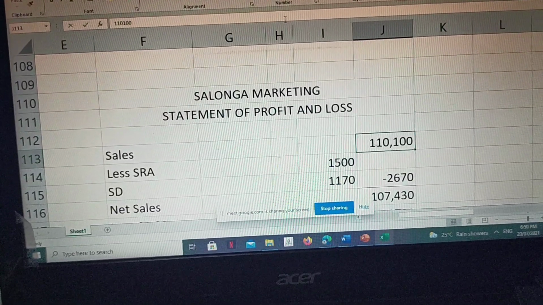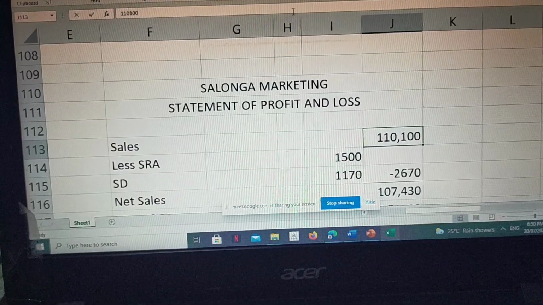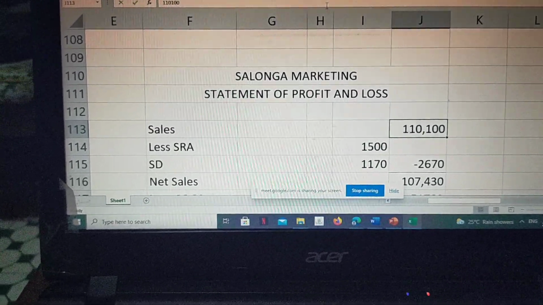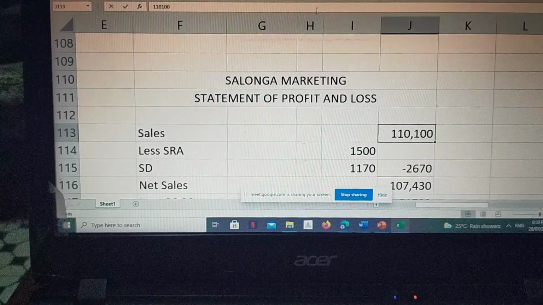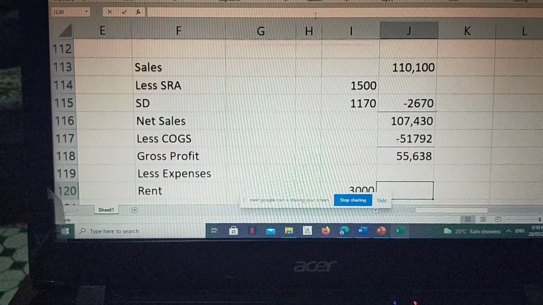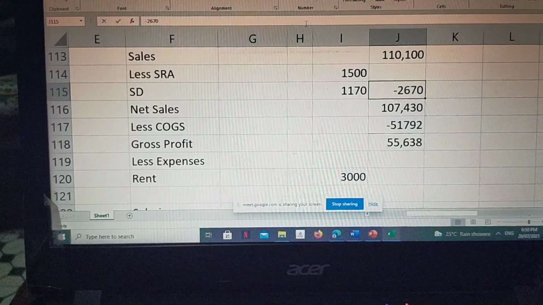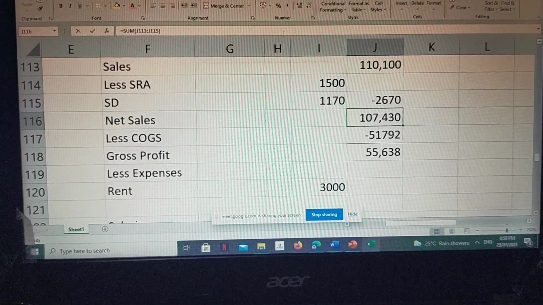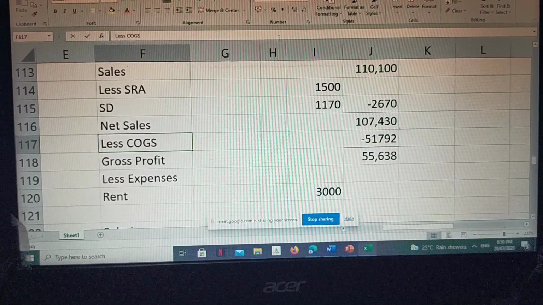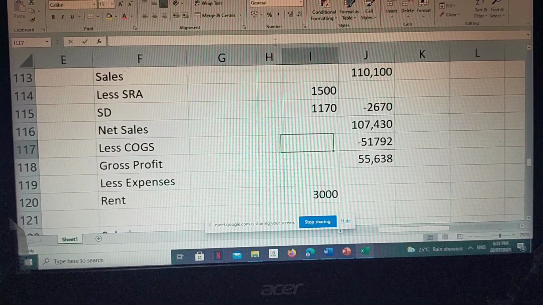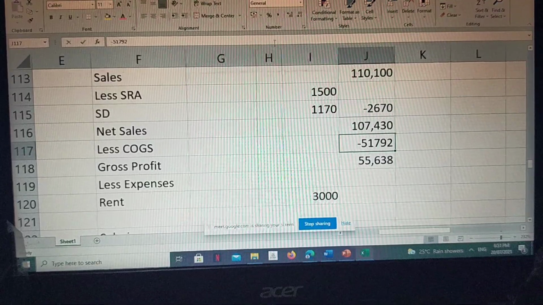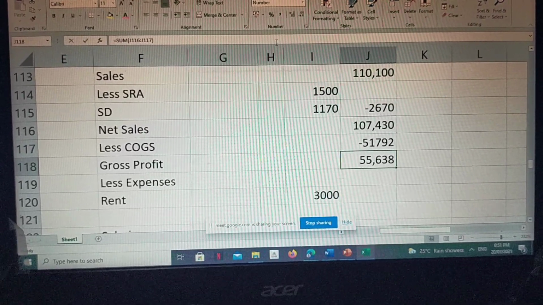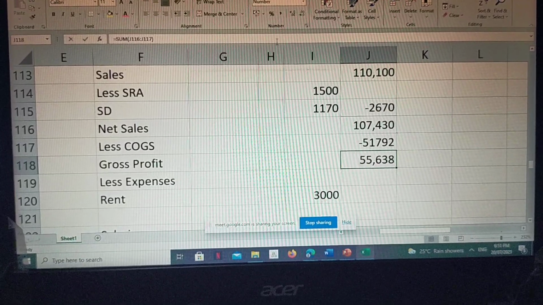So, we begin by the sales of 110,100 pesos less the sales returns and allowances of 1,500 minus the sales discount. Kaya merong net sales na 107,430 minus the computed cost of goods sold above, which is 51,792, magkakaroon ng gross profit na 55,638.